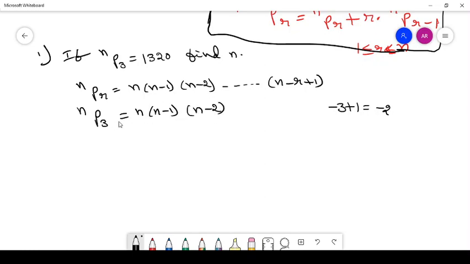So nP3 is n into n minus 1 into n minus 2. But here it is given that nP3 is 1320.